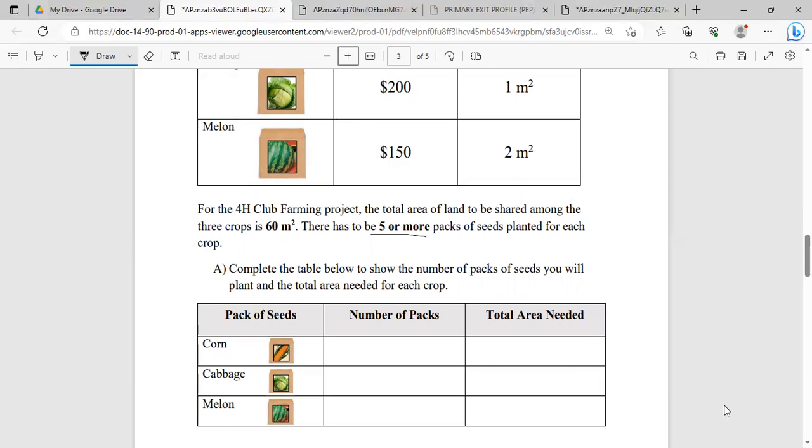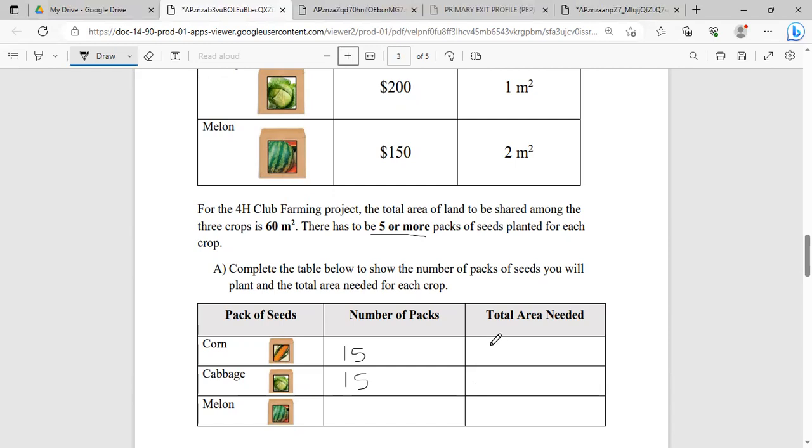So what I'm going to be doing, I think I want to plant 15 packs of corn, 15 packs of cabbage.